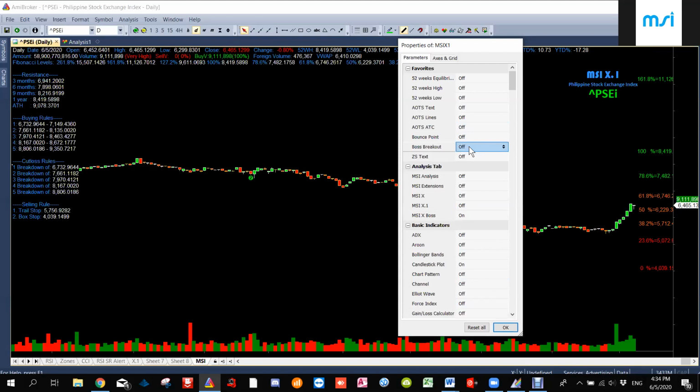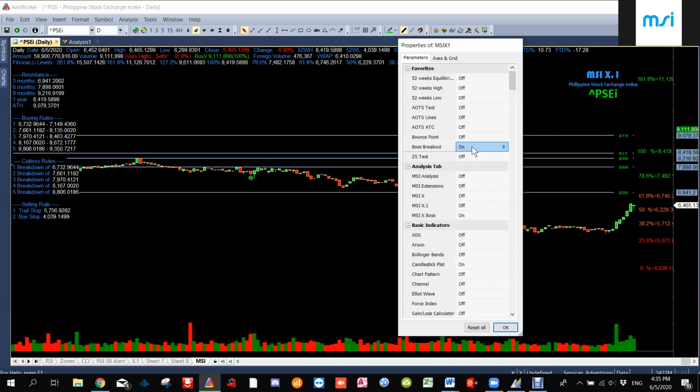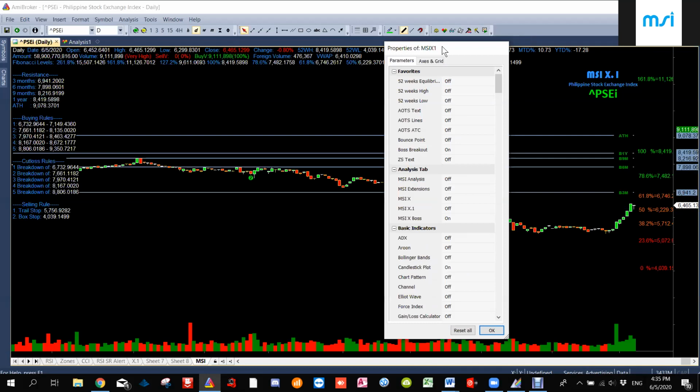Yun yung pag nag-breakout yung price action niya, for example, specifically on the 3 months, on the 6 months, on the 9 months, 1 year, and all-time high. So sabi ko nga earlier, pagka yung price action is nagbe-break ng higher prices, then you can expect a big move. So currently, check natin yung boss breakout kung nasaan siya. Okay, yung boss breakout is expected in this area, okay, sa 6941.